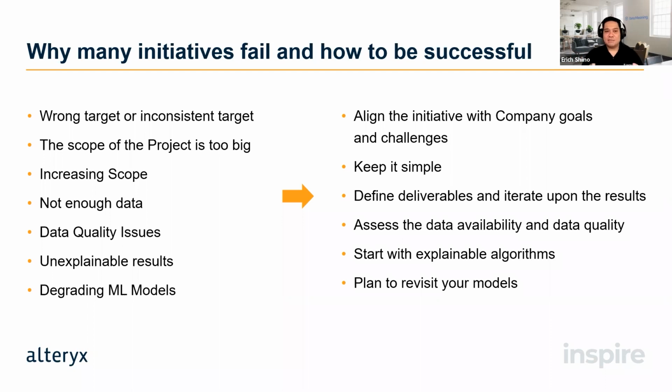So let us limit the challenge that we're going to solve and try to get your first insights and your first models as soon as possible, and then you can just iterate and get better at those results and tackle other challenges. So define your deliverables very well and iterate upon those results.